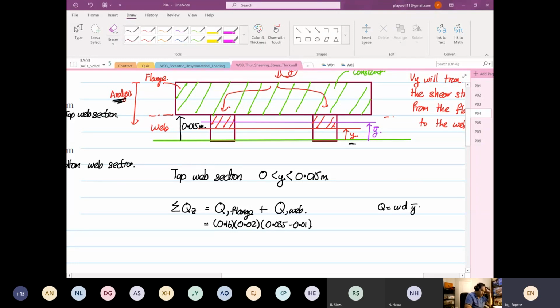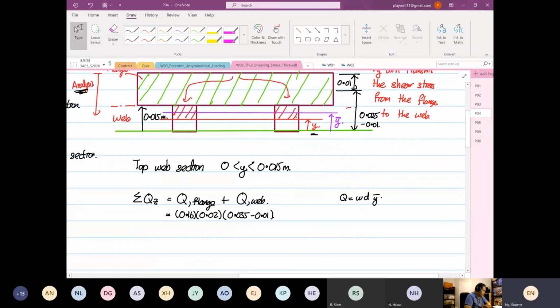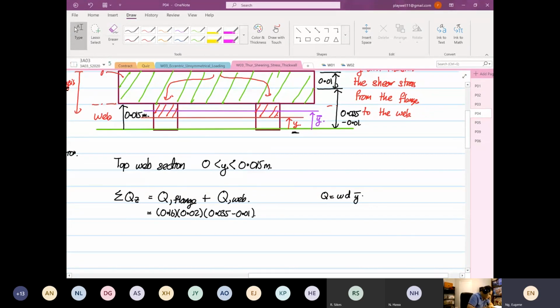Okay, why 0.035? The distance from here to here is equal to 0.035. That's the maximum. And the distance from here to here, the individual centroid, is 0.01. So that's why I minus 0.01. Okay. And the analysis datum is at the z-axis. Okay. So there's your area times Y bar.